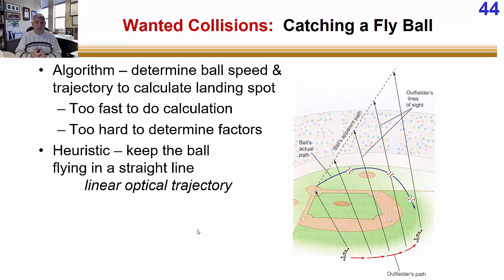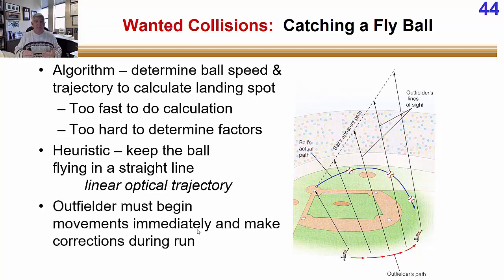And it's going to come into the outfield. And they are moving so that they keep that ball traveling in a linear pathway in their field of vision as they're running. And they're having to make movements immediately, and they're having to make corrections during that run to hopefully get to where the ball's going to land just before the ball gets there.